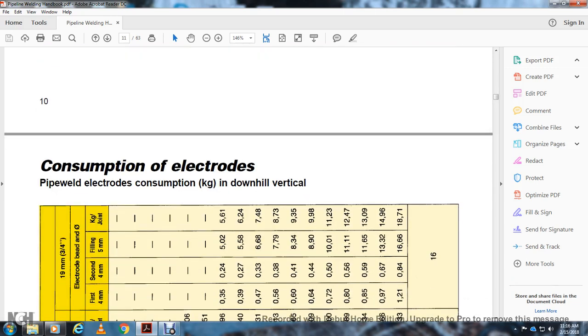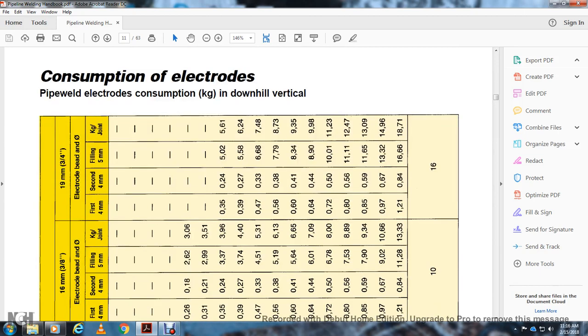Consumption of electrode for pipe while the electrode consumption is within downhill vertical.